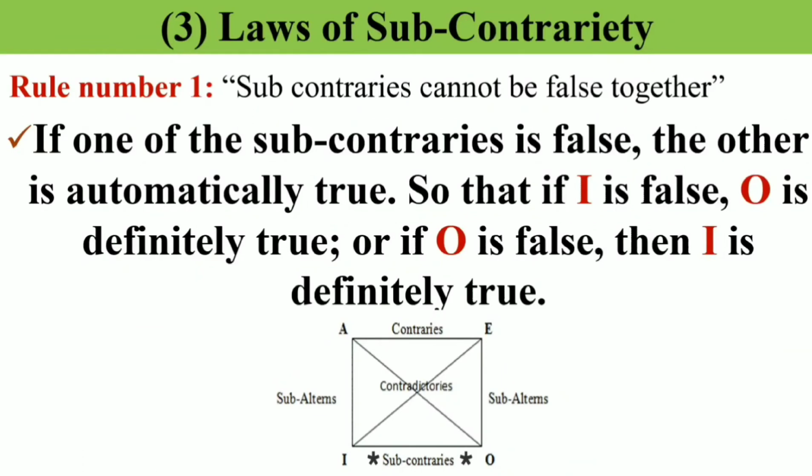If one of the subcontraries is false, the other is automatically true. So if I is false, O is definitely true. Or if O is false, then I is definitely true. False, true, false, true.